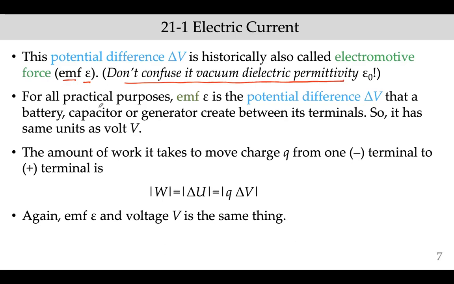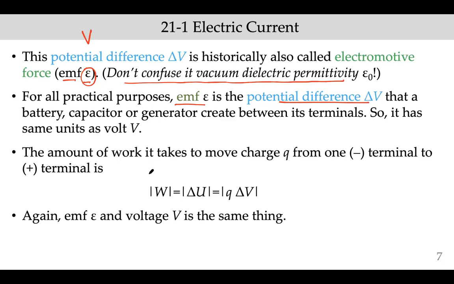For all practical purposes, EMF is the potential difference that a battery, capacitor, or generator creates between its terminals. So it has the same units as volt. Whenever you see EMF or epsilon, think of it as the voltage that a battery, capacitor, or generator produces. It's not something different.